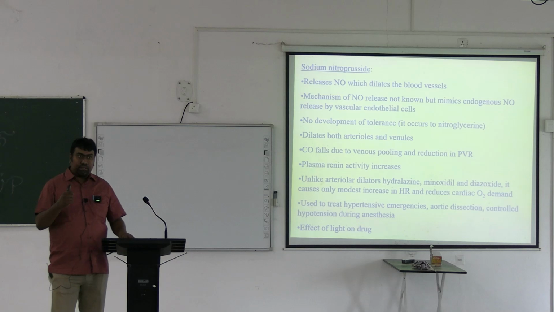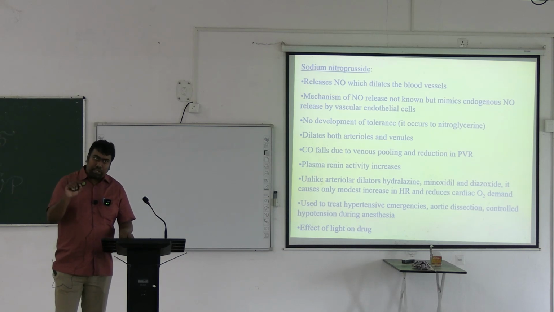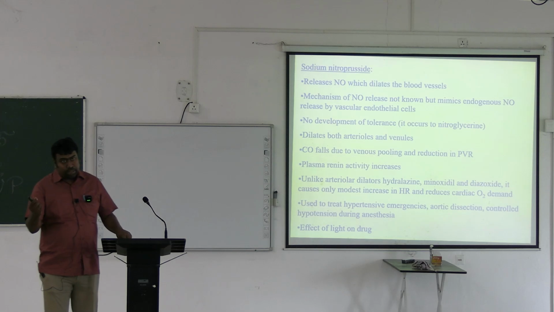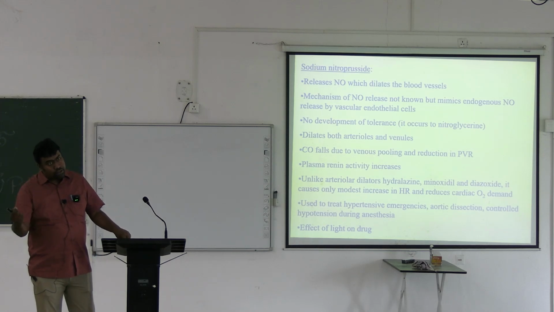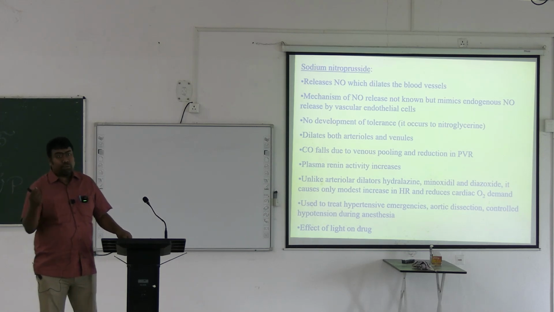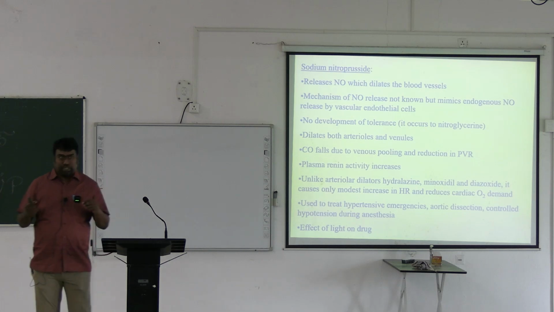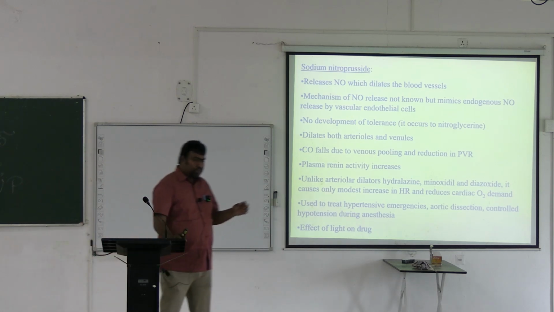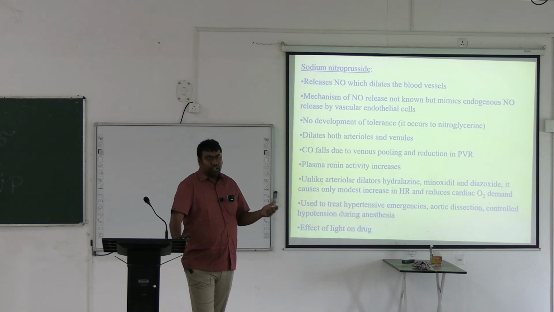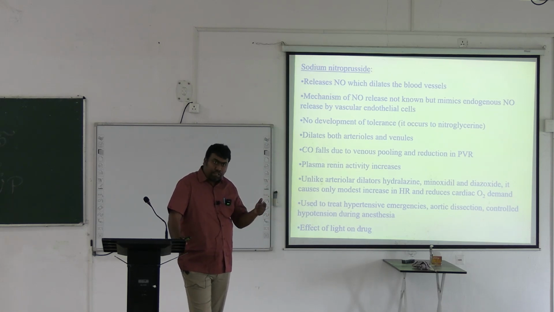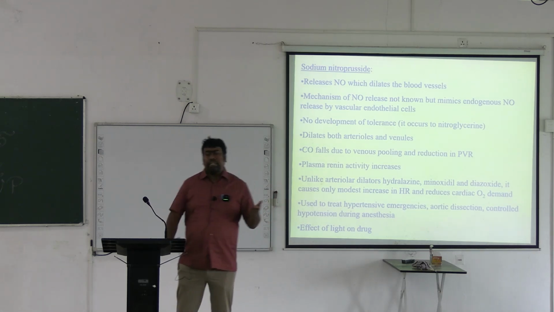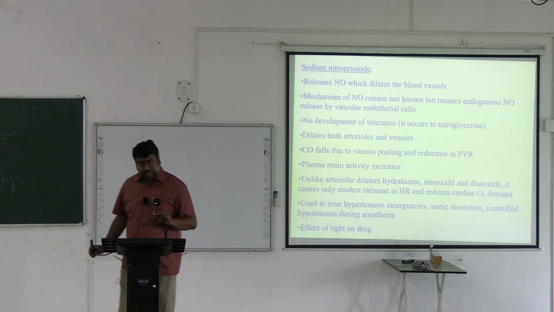In smooth muscle. এই কথাগুলো মনে রাখতে হবে। They release nitric oxide from the endothelium and act on the vascular smooth muscles, and they dilate both arterioles and veins, so it is both an arteriolar dilator and a venodilator. They are used intravenously in case of hypertensive emergency.